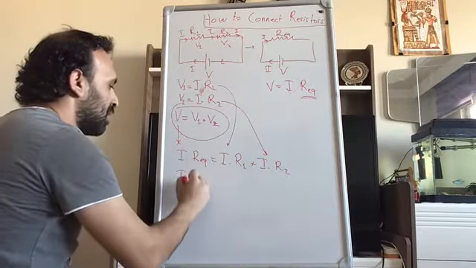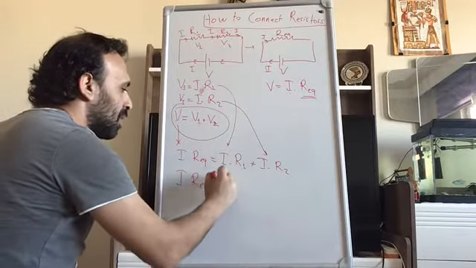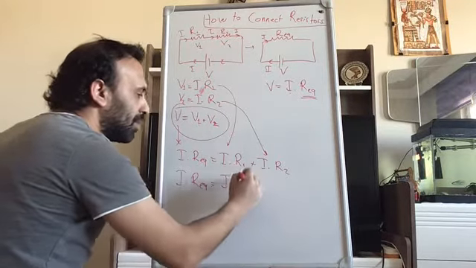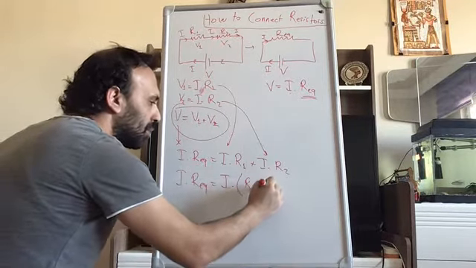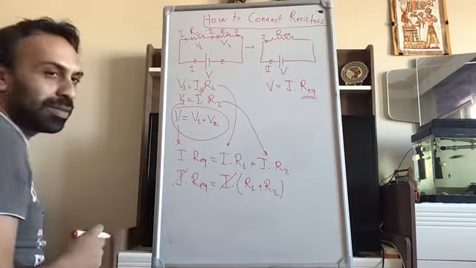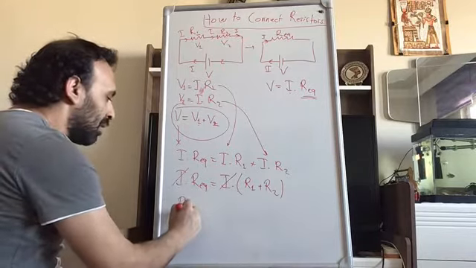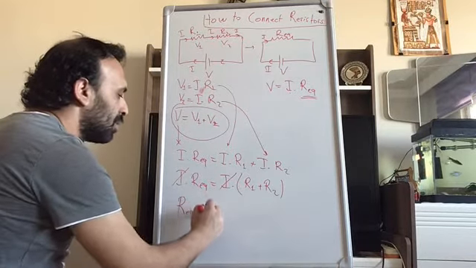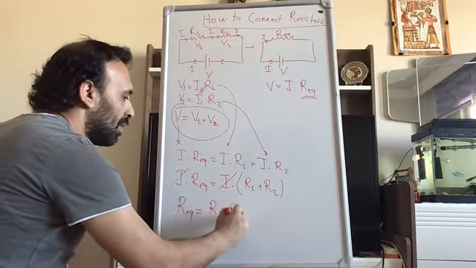So let me rewrite again by using a common parenthesis of the electric current: R1 plus R2. If I cancel these two I's, the electric currents from both sides, R equivalent will be equal to R1 plus R2.